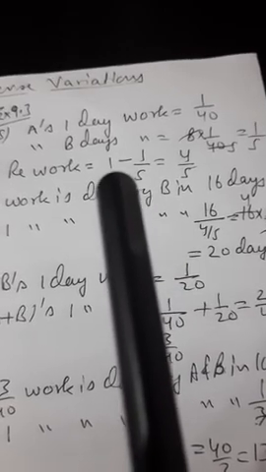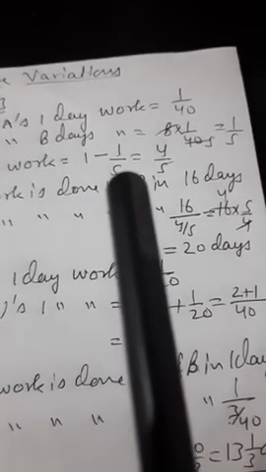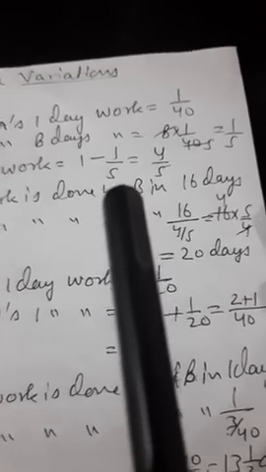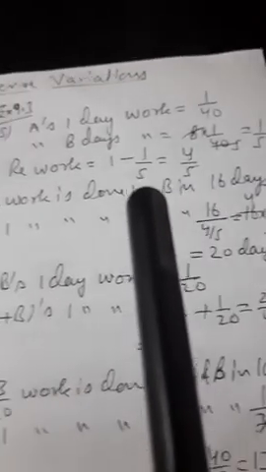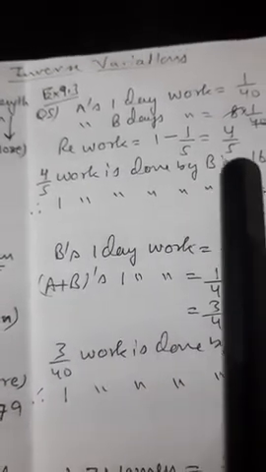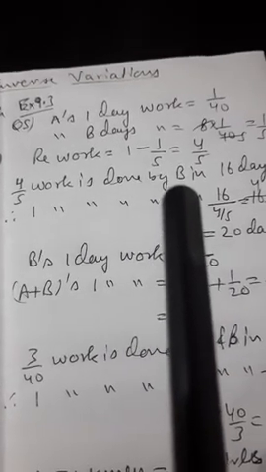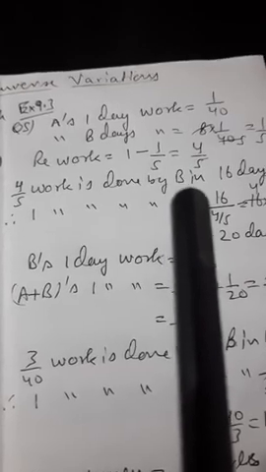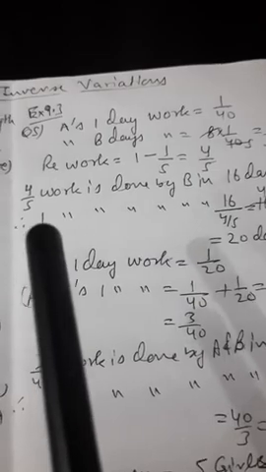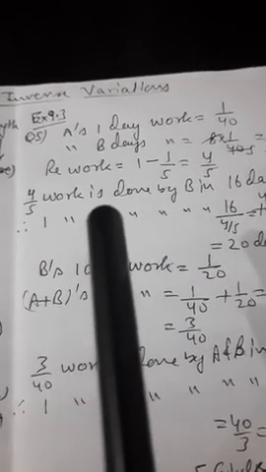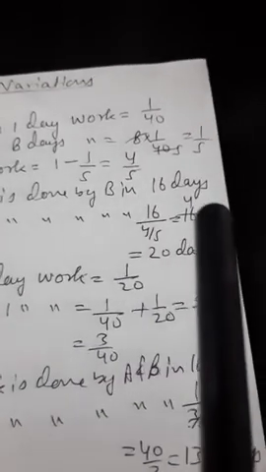So the amount of work is 1 minus the amount of work done by A. So 4 upon 5 work is left now. Now who does the remaining work? It is done by B. In the question it says the remaining work is done by B in 16 days. So 4 upon 5 work is done by B in 16 days.